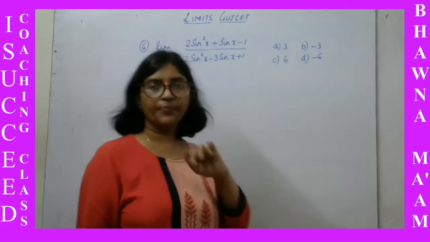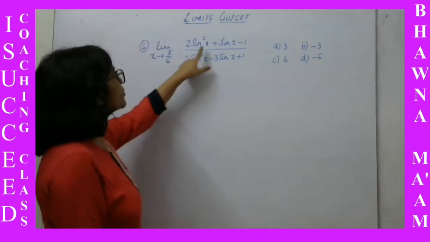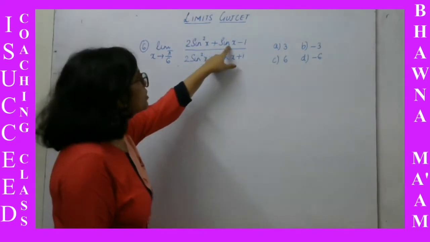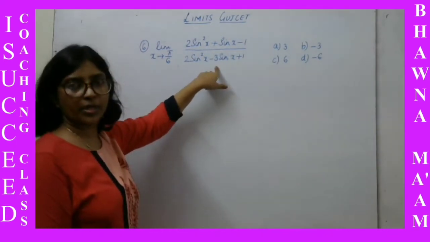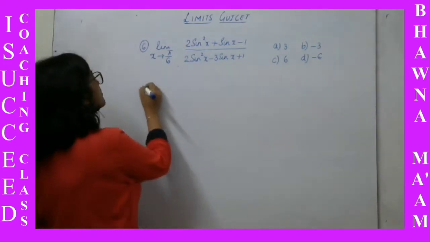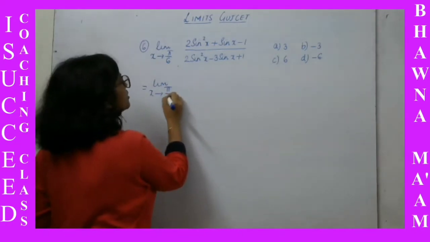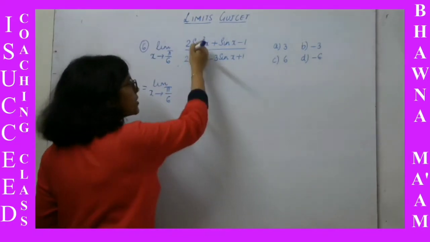The next one is a trigonometric question, and as you see, suppose we put pi by 6, the numerator and the denominator both will become 0. This is 0 by 0 form, and we can solve this by L'Hospital's rule. That means we can differentiate the denominator as well as the numerator.